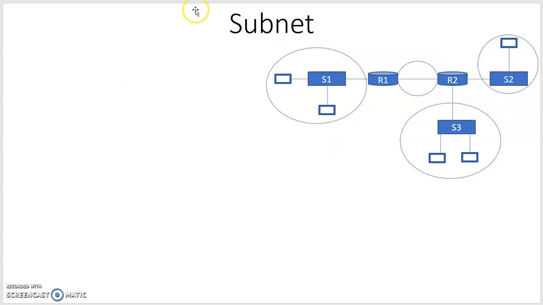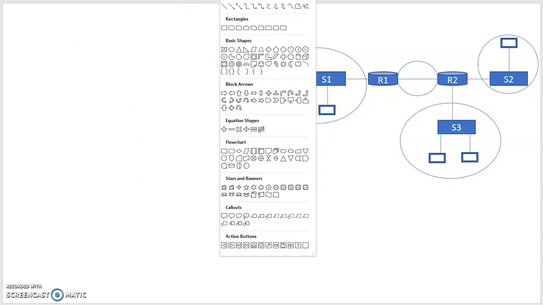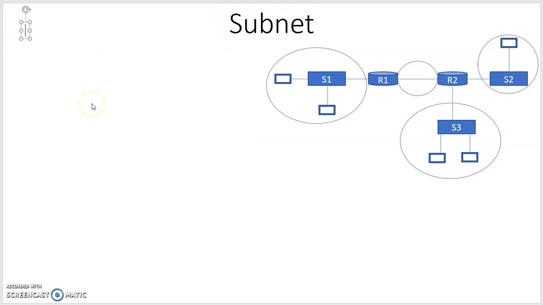So let's say a primary IP address has been given to us: 192.168.20.0/24. What it means is the network subnet mask is 255.255.255.0.